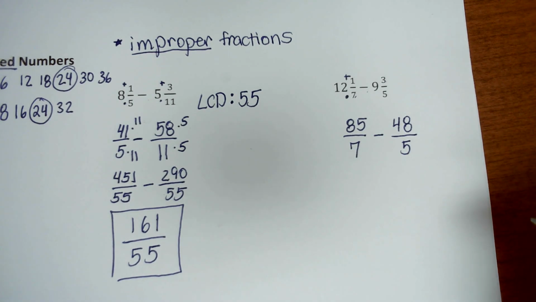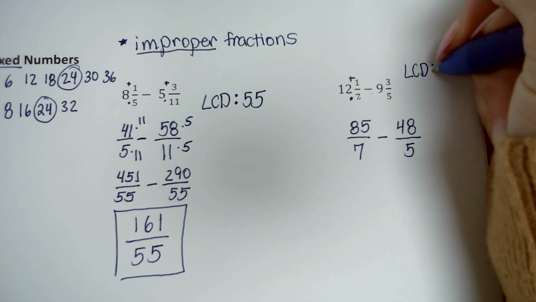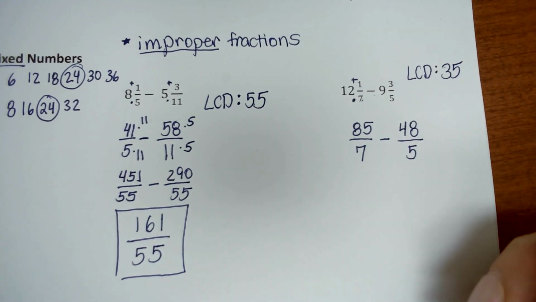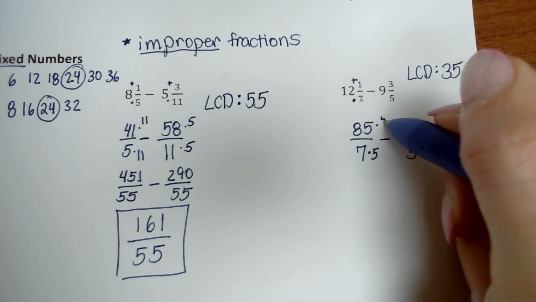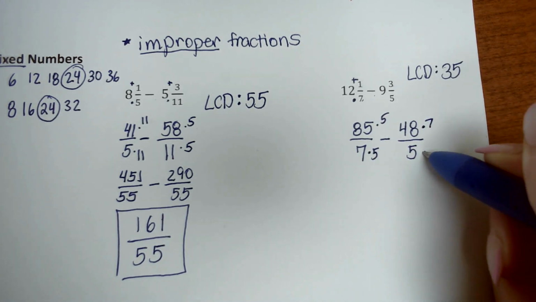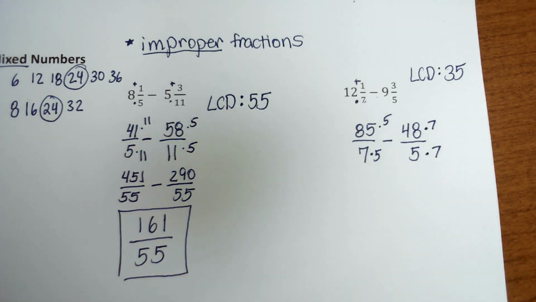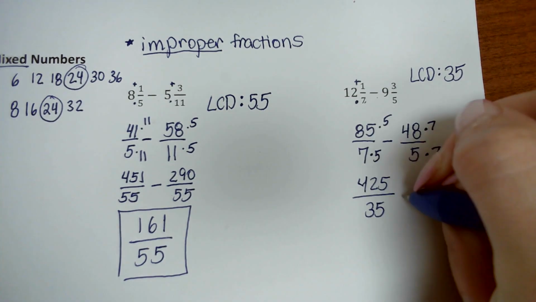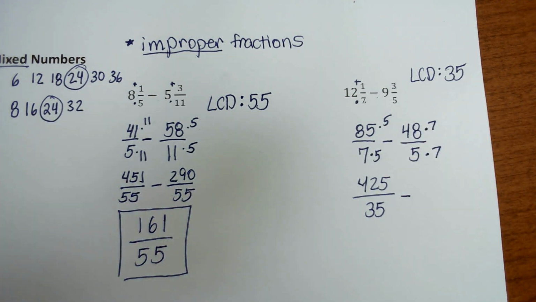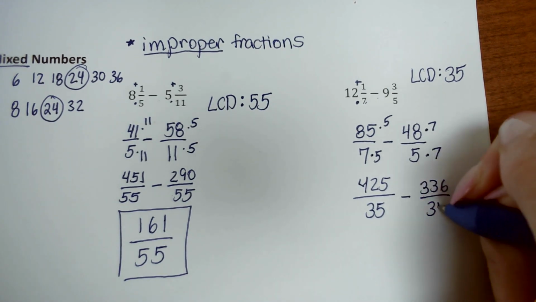Now 7 and 5, what is our LCD? Well, our LCD for 7 and 5 is 35. So that means for this fraction, we're going to multiply both pieces by 5, and for this fraction, we're going to multiply them by 7. So calculators ready, 85 times 5, 425 over 35, minus 48 times 7, that's 336 over 35.